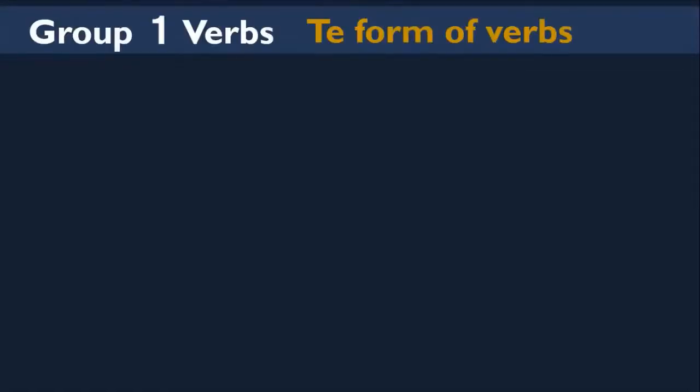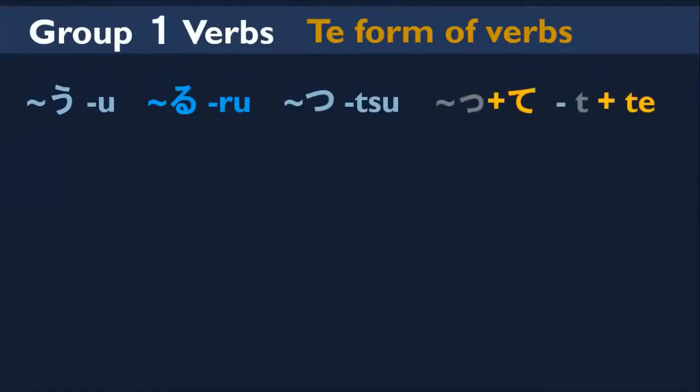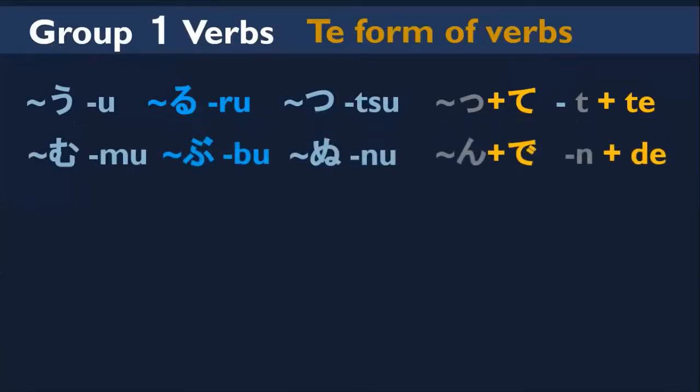So I have listed some like this to help you remember which group 1 verb will take what kind of te form. Those that end with u, tsu, and ru will be tte. Next, with mu, bu, and nu will be nde.